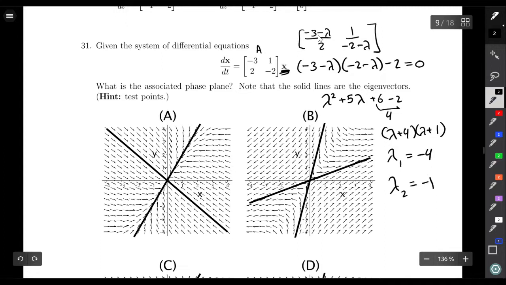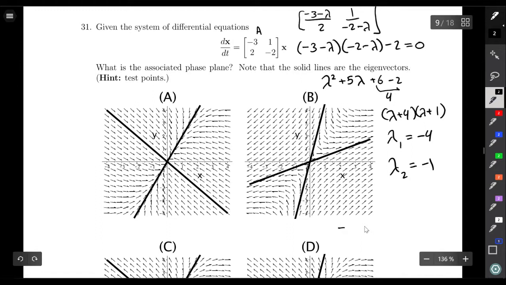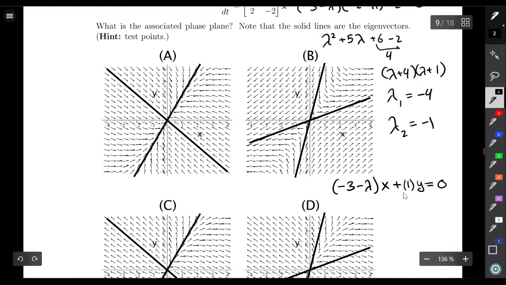Don't follow that, because you still need the y's to find the eigenvectors. So let's see. -3 minus lambda, all of this multiplied by x, plus 1 times y equal to 0. So we're just going to solve this.